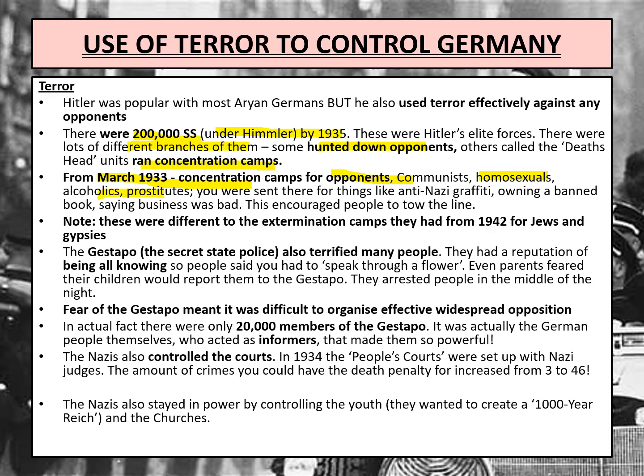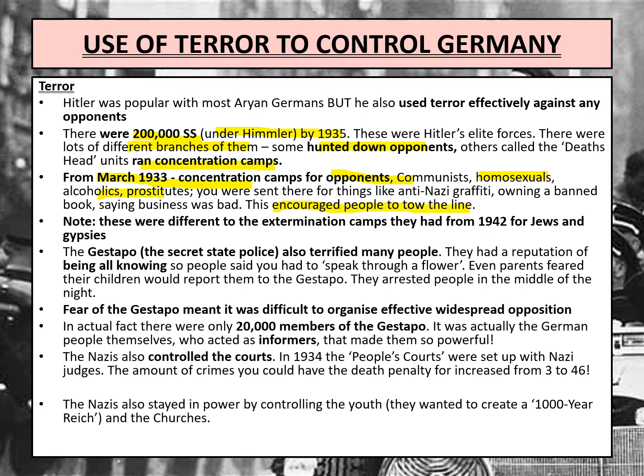You could be sent there for doing things like writing some kind of anti-Nazi slogan, or owning a banned book, for instance one by a Jewish author, or even suggesting that the Nazis were bad for business. So concentration camps were really effective for encouraging people to toe the line. The majority of people saw them as necessary for people that had gone against the Nazis.